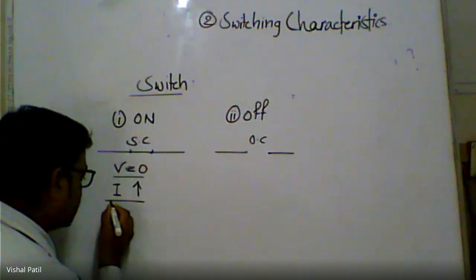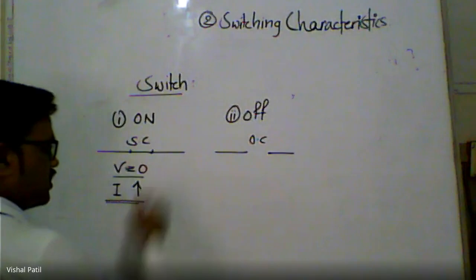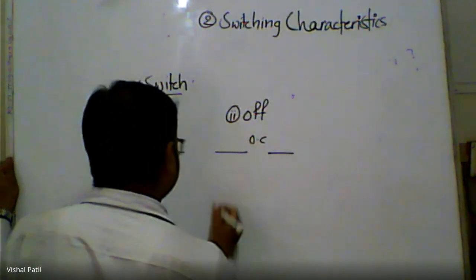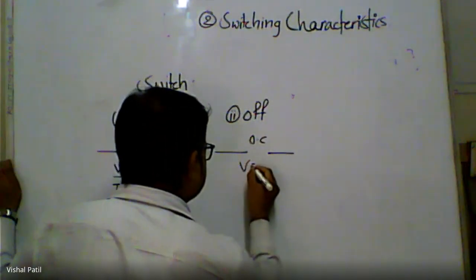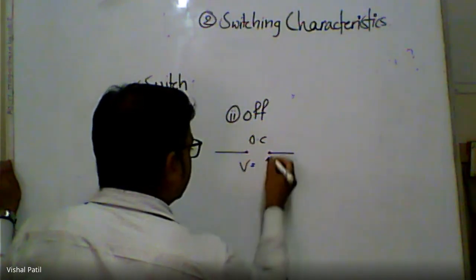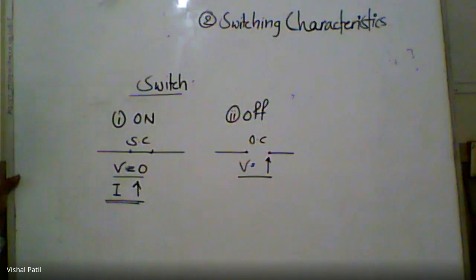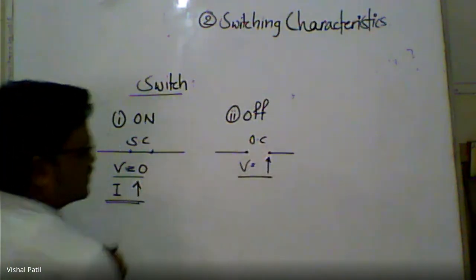Now we get the current, but the voltage is zero. And if we look at the off state of the switch, we know the voltage is high. Whatever the voltage rating of that switch, we experience that voltage between these two terminals of the switch.